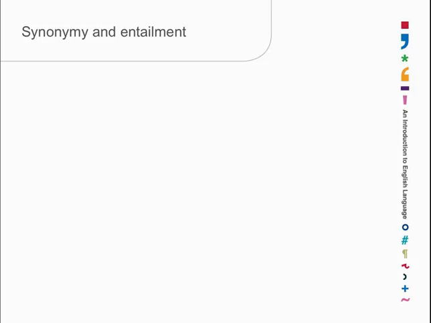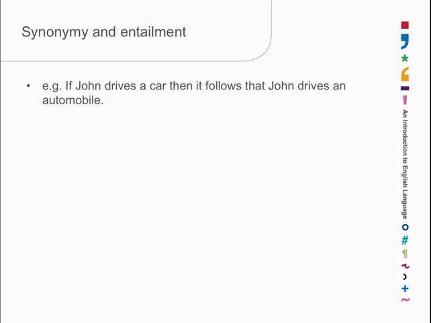Synonymy has entailment relationships, and they work like this. Let's suppose that it's true that if John drives a car, then it follows that John drives an automobile. You don't have to look this up. This is just something you know if you know the meanings of the word car and automobile.